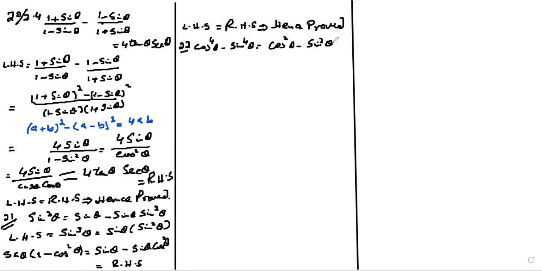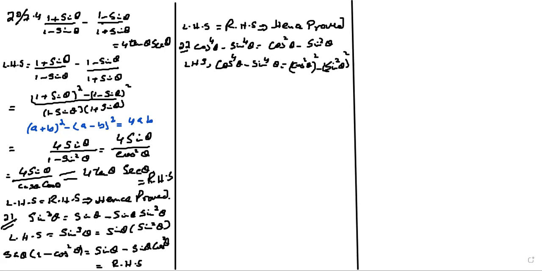Right? So now taking the left hand side, which is cosine 4 theta minus sine 4 theta, which may be written as (cosine square theta) whole square minus (sine square theta) whole square.